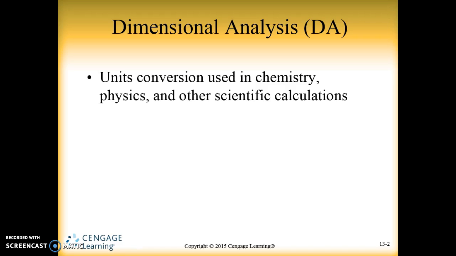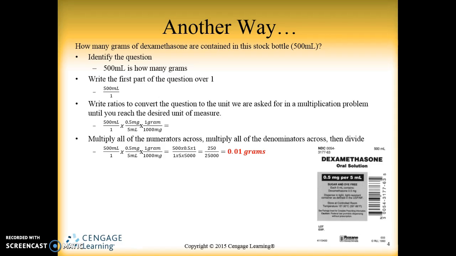So I'm going to skip to that slide. This is my way. I'm calling it another way. And what I'm doing here is first of all, I'm giving you the question. The question on this one is, how many grams of dexamethasone are contained in this stock bottle? And I've got a picture of the label for you. So the picture's down here in the corner. This is the label of this oral solution.